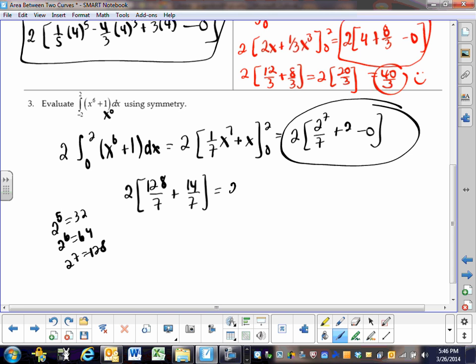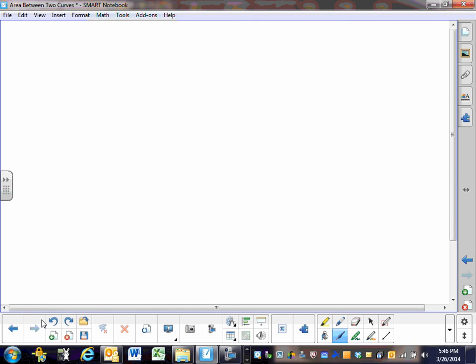So then I have 128 plus 14 is 142 over 7. So my final answer on a multiple choice would be 284 over 7. Either way, it's much easier to get this done and much quicker than if I'd used the negative 2. The end.